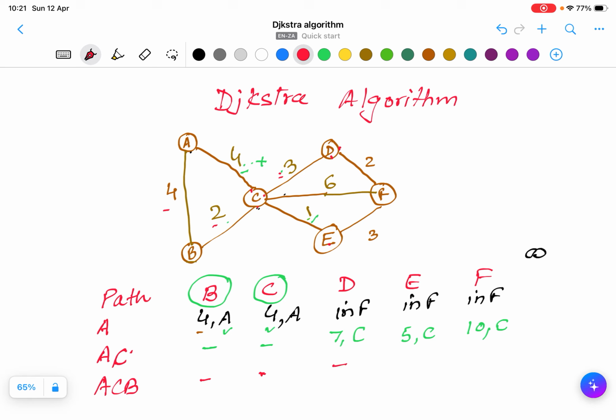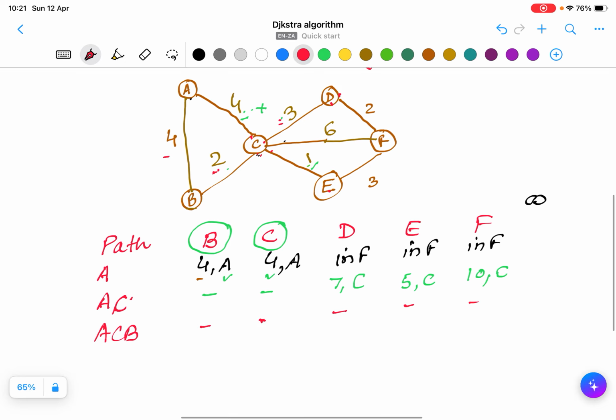If we are going to E through B, then the cost will be 4 plus 2 plus 1, which is 7, so it will remain the same also. Then going to F through B, it will be 4 plus 2, then C, so it will be 12, so it will remain the same also.